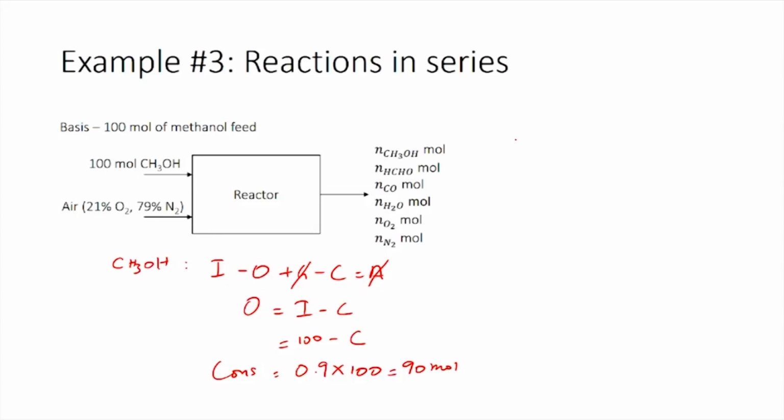Therefore, the methanol leaving the system, the output N_CH3OH, is 100 minus 90, giving you 10 moles. So, 10 moles of methanol is leaving the system.